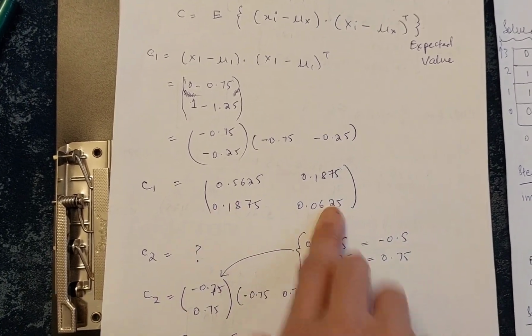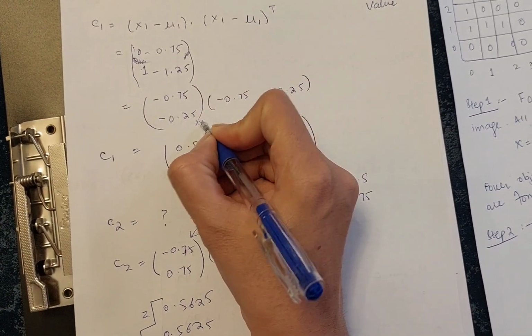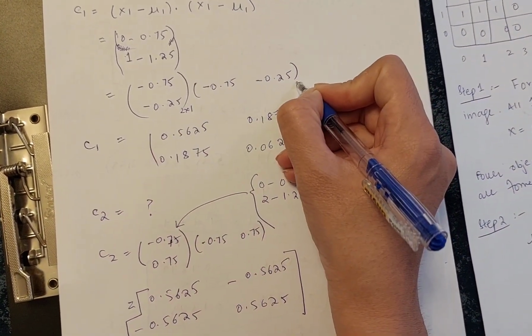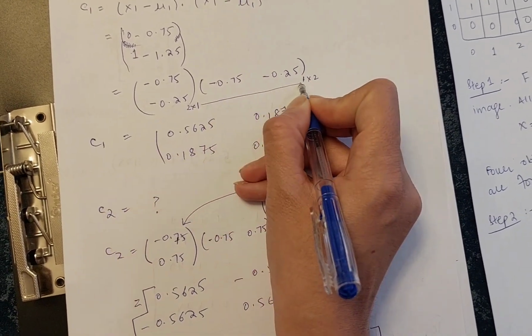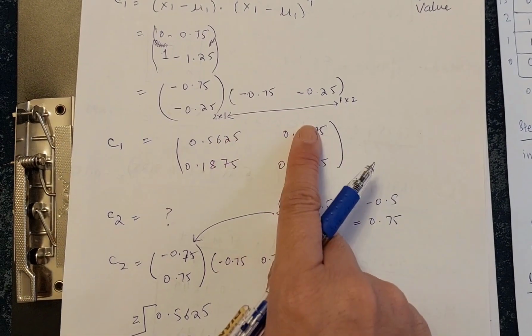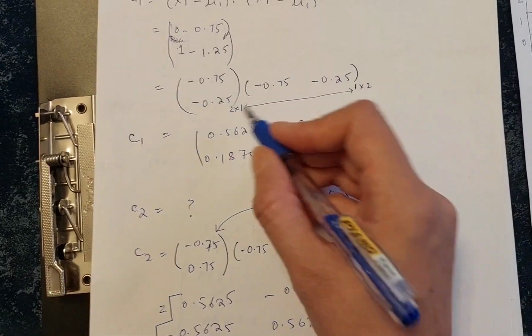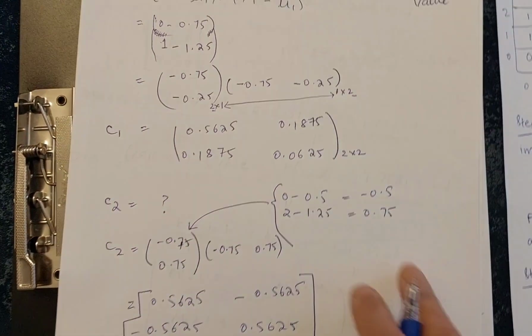Since you can see that this is a 2 rows and 1 column matrix, and this is a single row and 2 column matrix, these dimensions matching with one another means they are multipliable, and the answer has to be a 2 by 2 matrix.